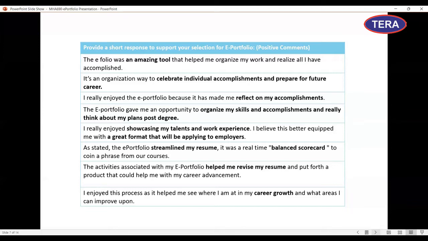E-portfolio streamlined my resume. It was a real-time balanced scorecard. E-portfolio helped me revise my resume and prepare a product that could help me with my career advancement. It helped me see where I am at in my career goals and what areas I can improve upon.